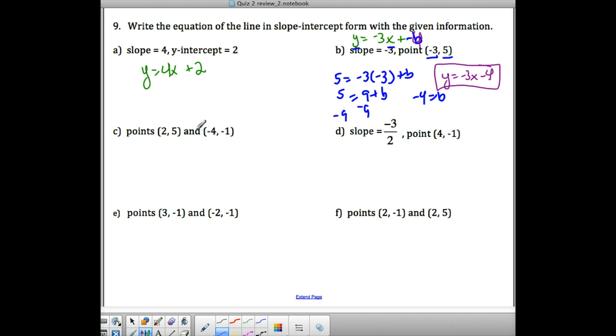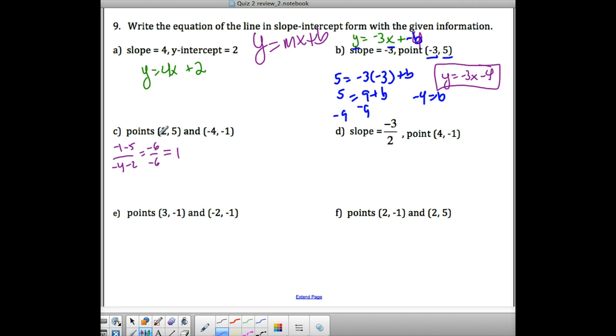Alright, so now we don't have the slope or y-intercept, so we just find the slope first. So we do negative 1 minus 5 over negative 4 minus 2, which gives us negative 6 over negative 6, which reduces to 1. Always reduce your slope if possible. So then we have y equals mx plus b.